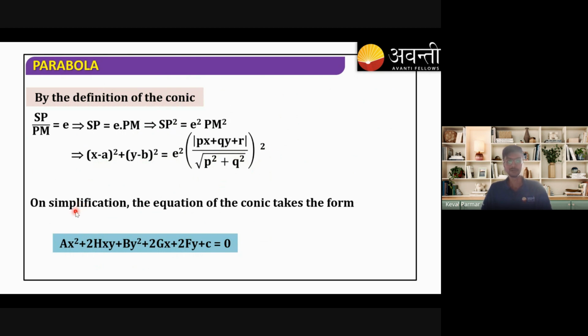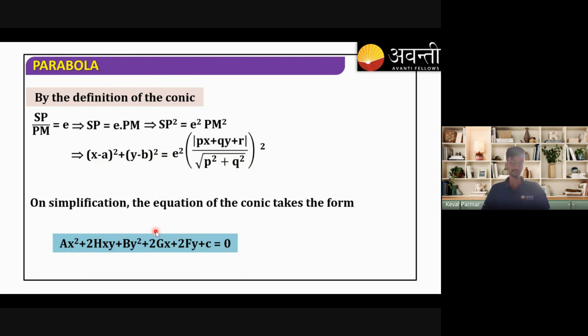But please remember, on simplification we will get an equation like this. I hope you remember what this equation is called. This equation is called the second degree non-homogeneous equation, right? Which is ax square plus 2hxy plus by square plus 2gx plus 2fy plus c equals 0.